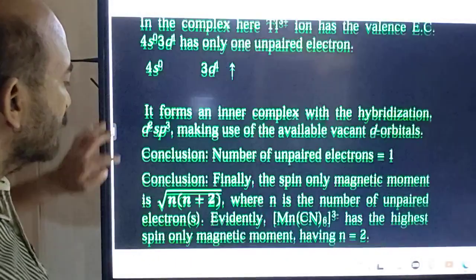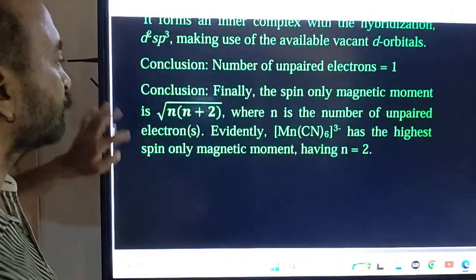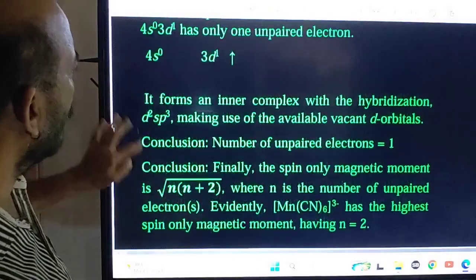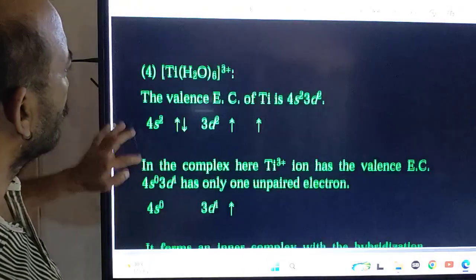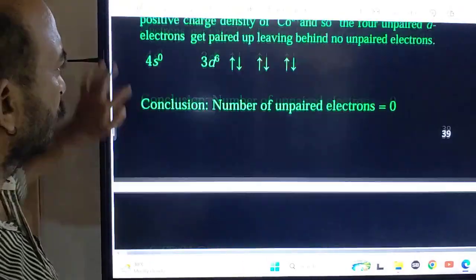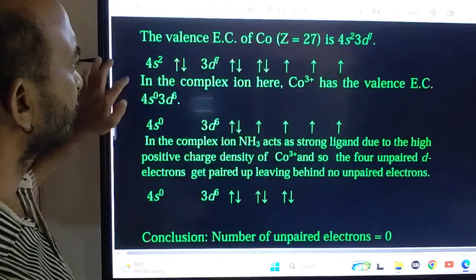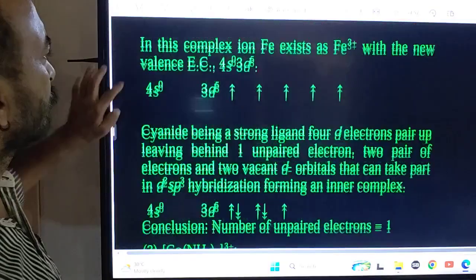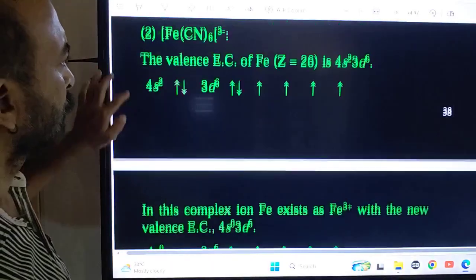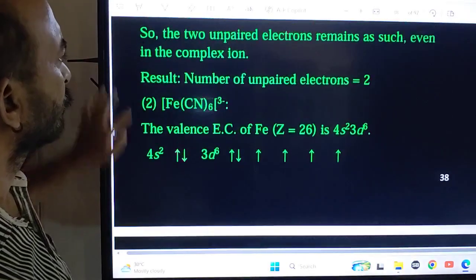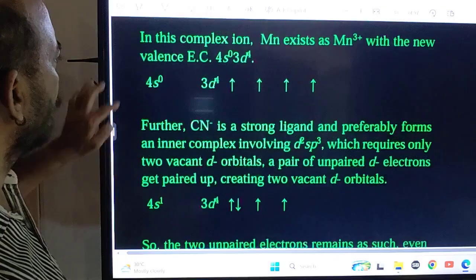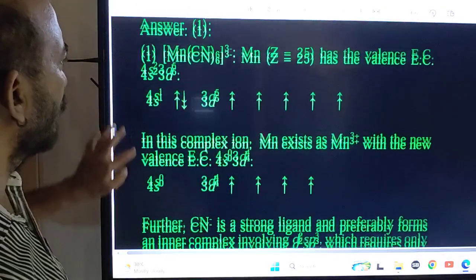So out of the 4 cases we have discussed, which is having the maximum number of unpaired electrons? Yeah, the first case, isn't it? The first case will have 2 unpaired electrons.